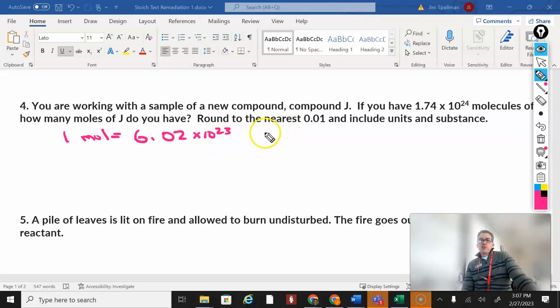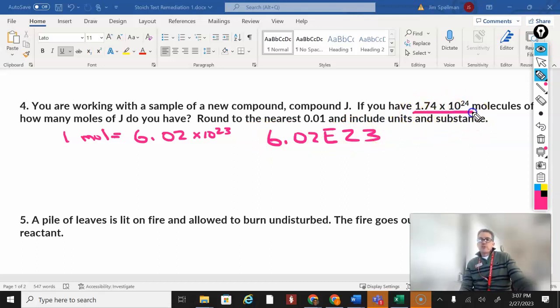Reminder that when you're putting it in the calculator, you would need to put 6.02, and you would need your calculator to have an E on it. So we hit the second button, and then we hit the button above the number 7. You don't want it to say times E. You don't need it. There's no other symbol that needs to be in here. So 6.02 E 23rd is what you want your calculator to have.